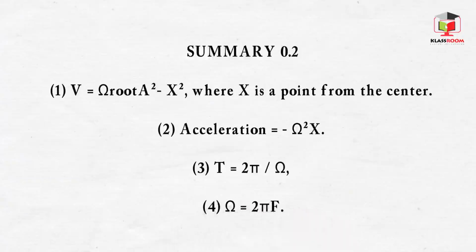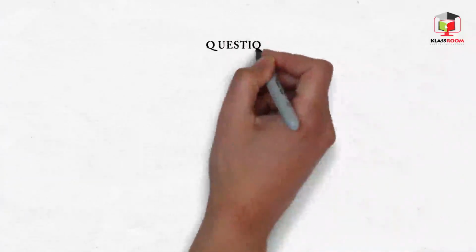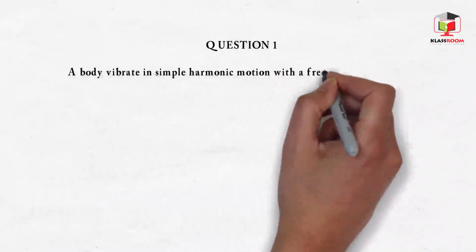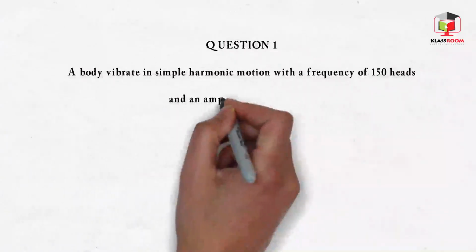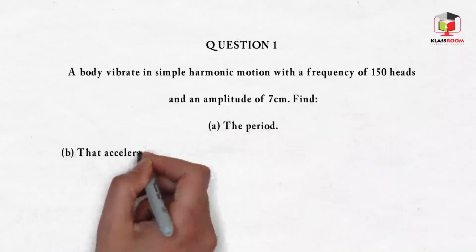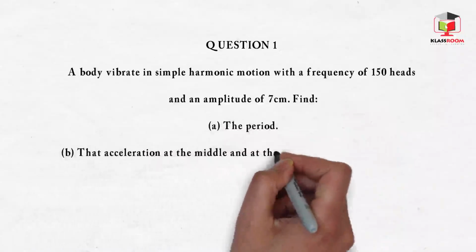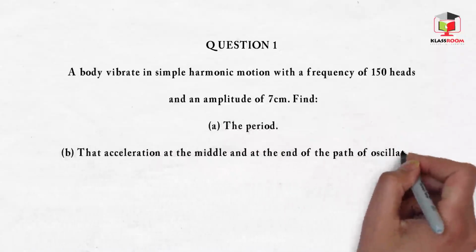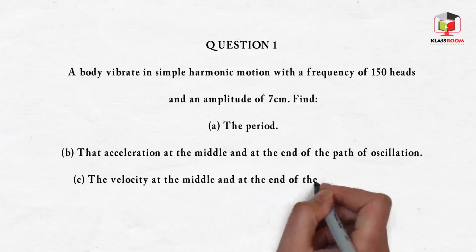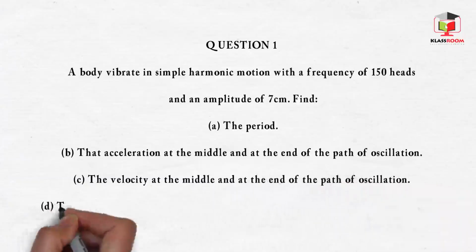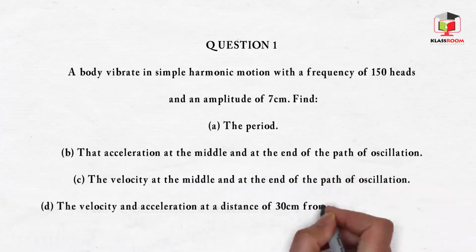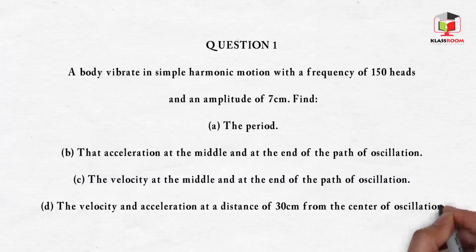Question 1. A body vibrates in simple harmonic motion with a frequency of 150 Hz and an amplitude of 7 centimeters. Find A, the period, B, the acceleration at the middle and at the end of the path of oscillation, C, the velocity at the middle and at the end of the path of oscillation, D, the velocity and acceleration at a distance of 30 centimeters from the center of oscillation.